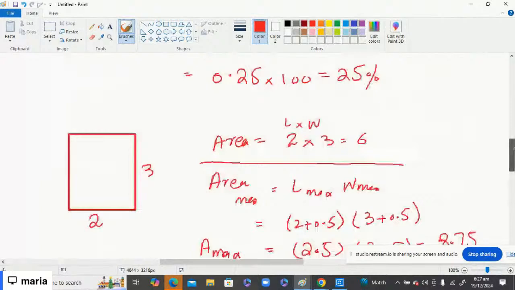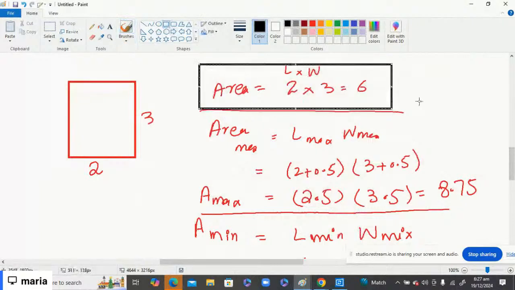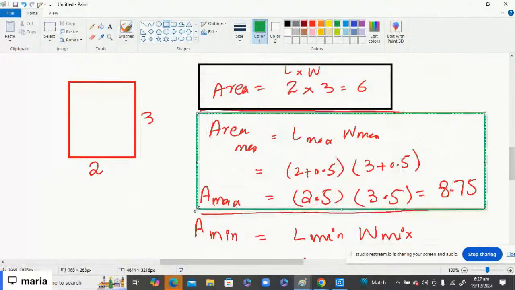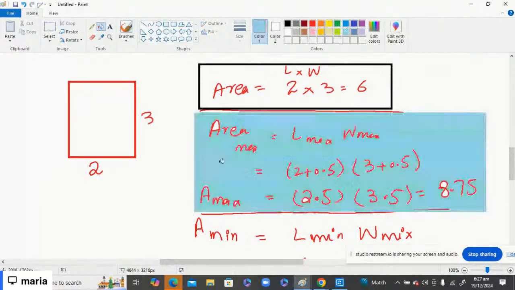First step is you are going to find the area. Okay, simple area. Here we find the simple area. Then in the second step you are going to find the area maximum, and the mean area.